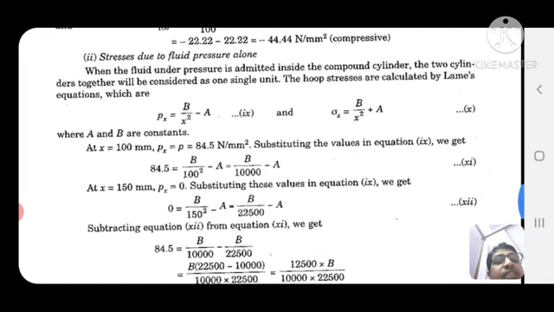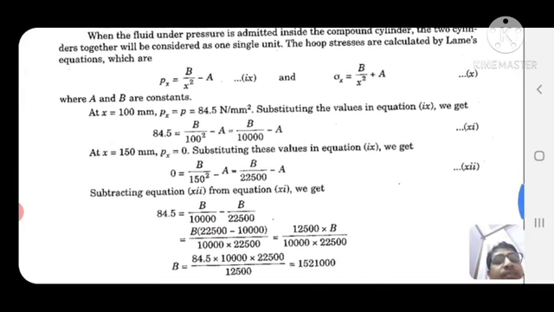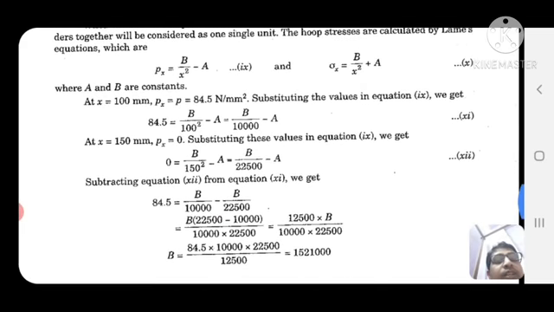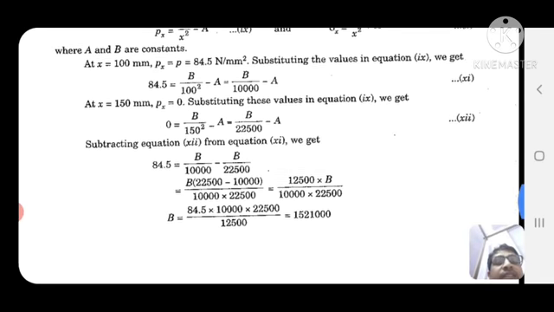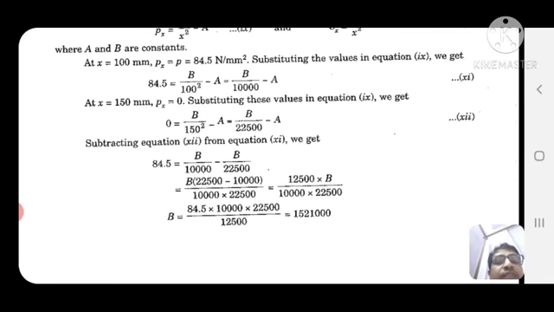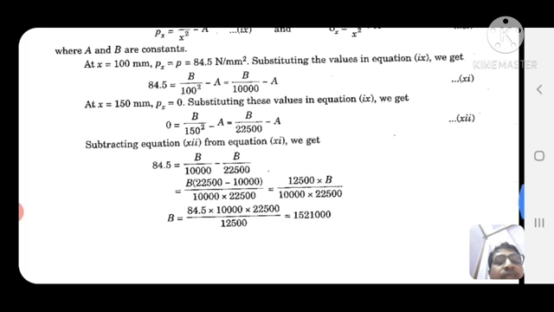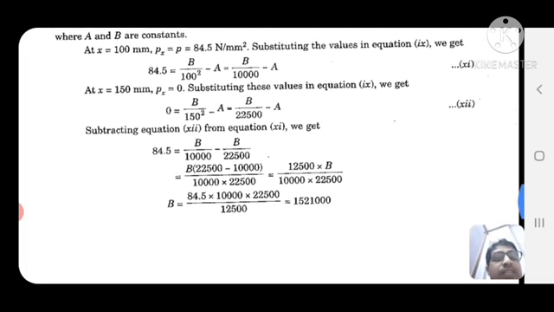The hoop stresses are calculated by Lame's equation, which are Px equal to b by x square minus a, and sigma x equal to b by x square plus a, where a and b are constants. So at x equal to 100 millimeter, Px equal to P equal to 84.5 Newton per millimeter square. Substituting the values in the equation, we get 84.5 equal to B by 100 square minus A.